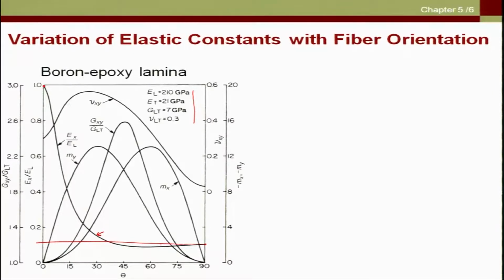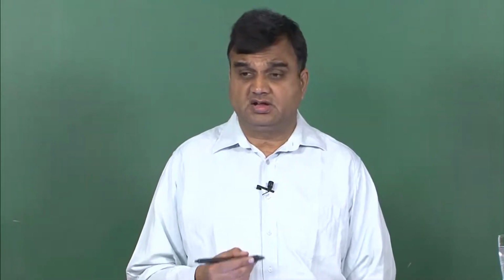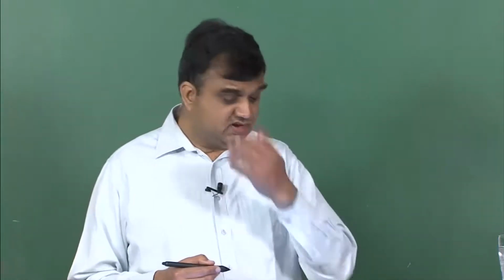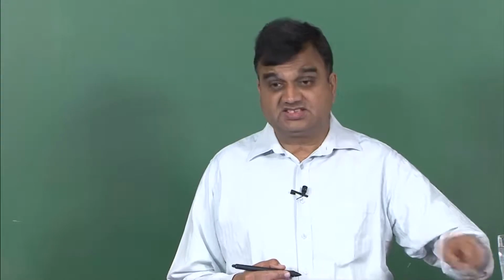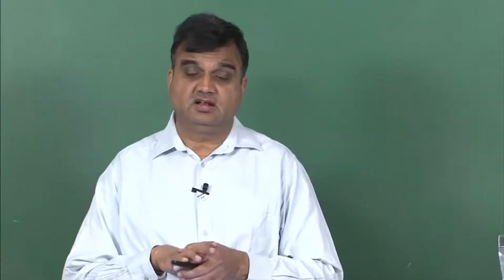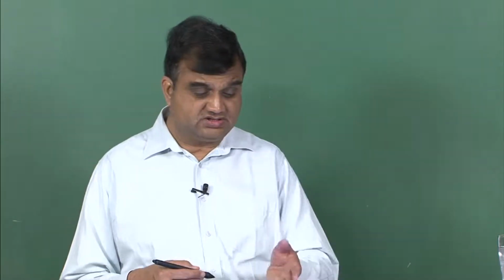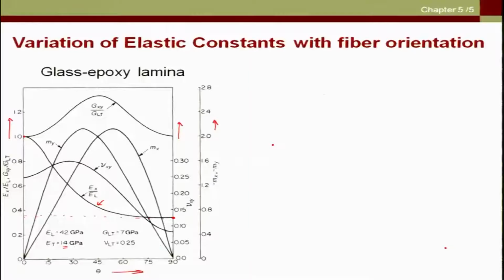A lot of times we may think that Ex will always be at a minima when theta equals 90, but that may not necessarily be the case, as we are seeing in this example, where Ex can be less than Et in certain special cases, such as in the boron epoxy situation. So, this is one conclusion.